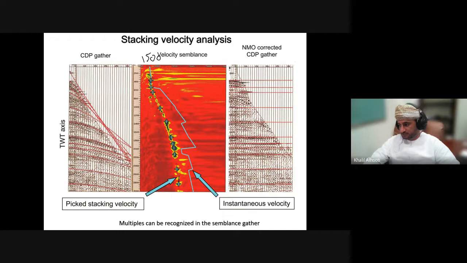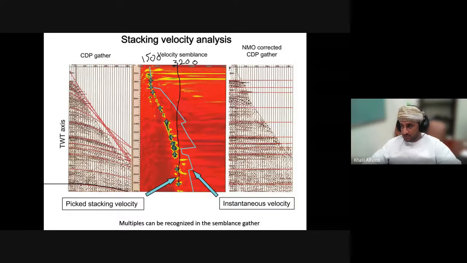That's the velocity here. So this reflector will get flattened if I use a velocity of 3,200, and when I stack them together, it will perfectly produce the maximum power.